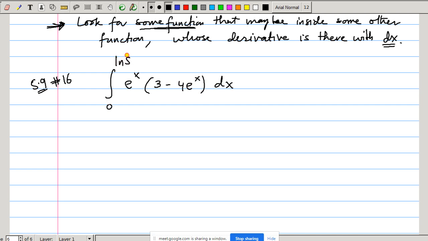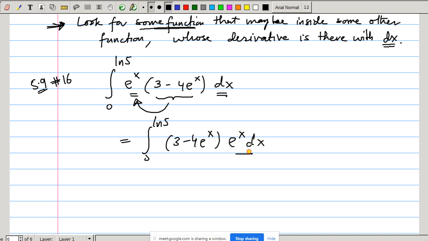See, the limits are given. Now you see, if I choose this whole thing, the derivative is given, e^x with dx. Okay, so it means I can shuffle it a little bit. I can write 3 minus 4e^x before, and then I write e^x dx together.